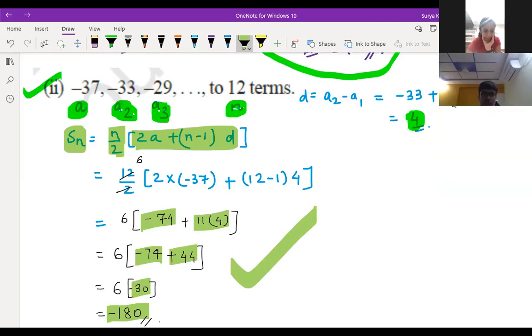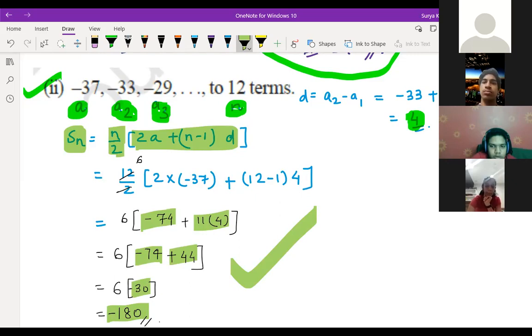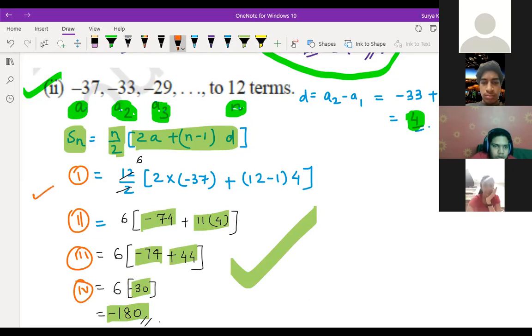Yes, sir. What happened? Who is having doubt? Sir, me, sir. Yeah, tell which step you are having doubt. Sir, the second step, sir. This step, you are saying first, second, third, fourth? First, sir. First step, right? N by 2, what is the n value here? N is 12.